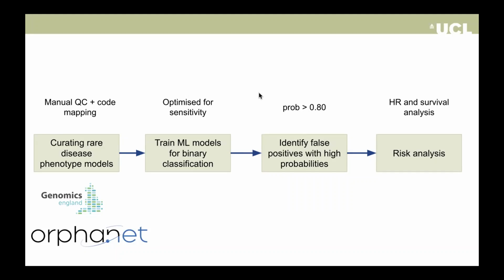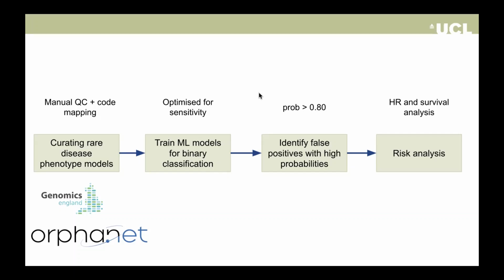And then we use the machine learning model to identify all the false positives with high probability, which means that the model thinks this patient may have some similar features with the coded people, but they are in reality not coded.